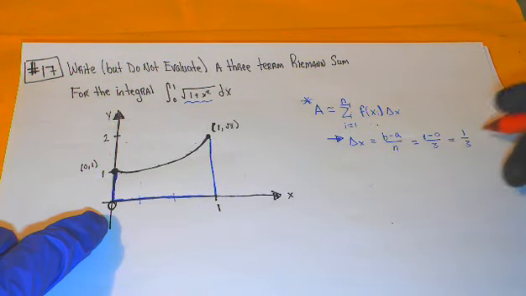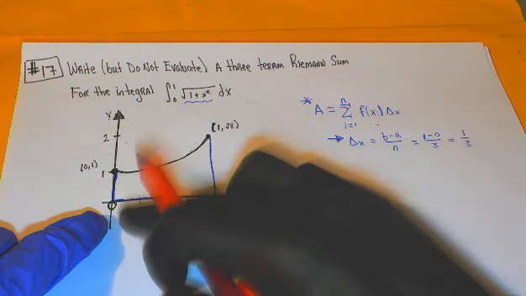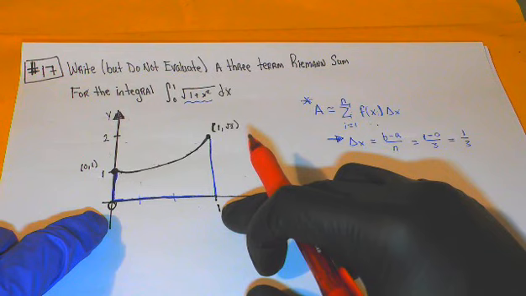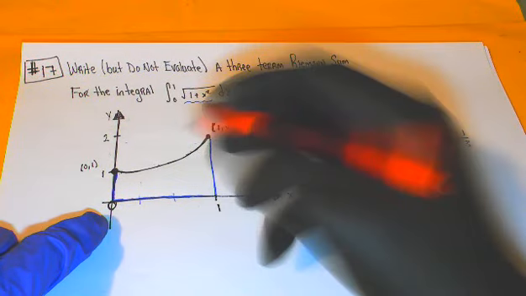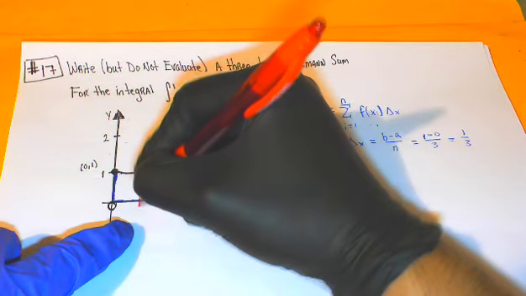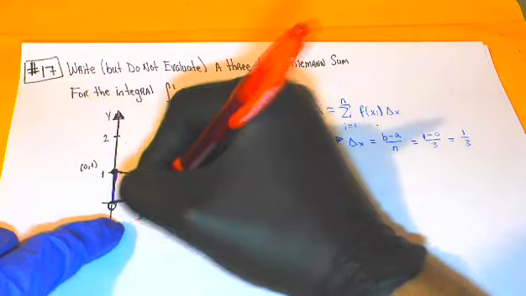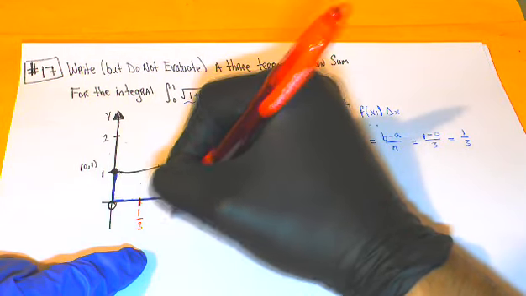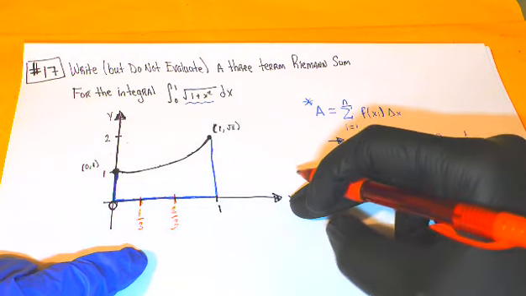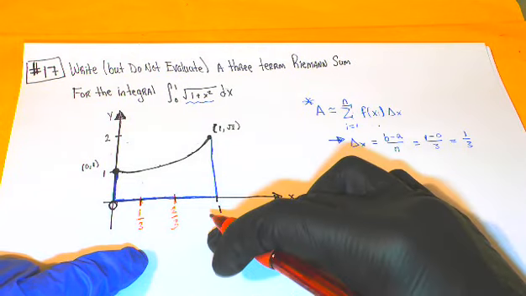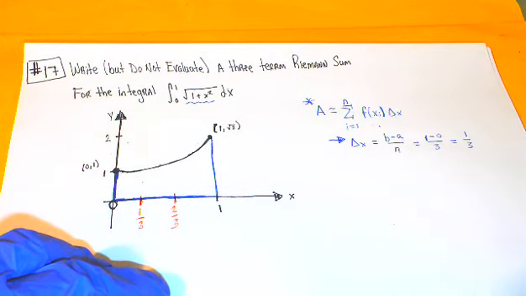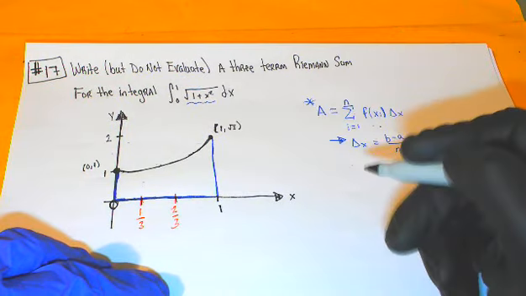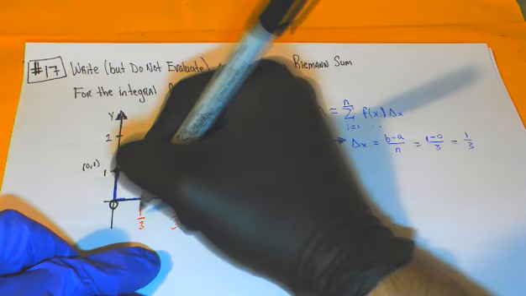Because our width is 1/3, if we start at 0, then we can construct the following subintervals. We're going to have from 0 to 1/3, then 1/3 to 2/3, and then finally 2/3 to 1. Those are going to be my three subintervals. It looks a little sloppy, the red ink, but let me just write over it.